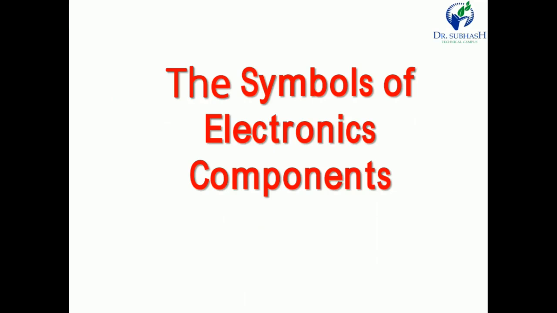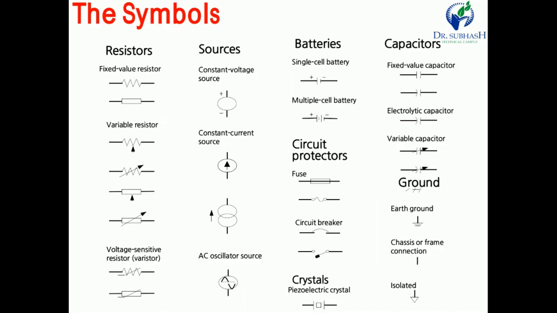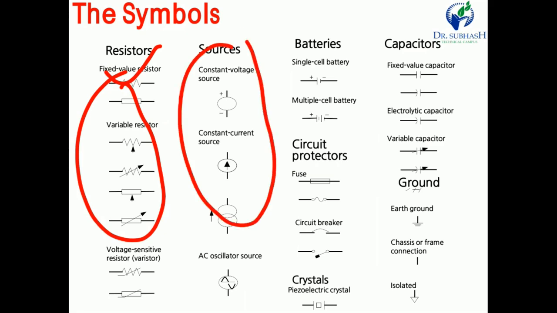Now let's see the different symbols of electronic components. The first symbol is of resistor, different types of resistor, variable or fixed. Then sources: here voltage source, current source and AC oscillator.